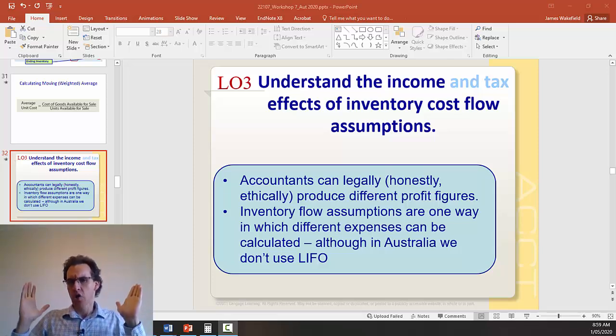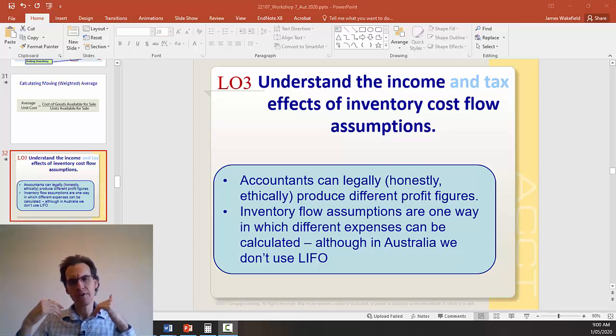Now, the purpose of the different choices we have in accounting is so that different businesses can use different methods that fit their particular characteristics. So for example, we've looked at the first in, first out inventory costing method. And for a business like a supermarket that generally sells the first units in, they're the first out the door, then the first in, first out method is the best method.